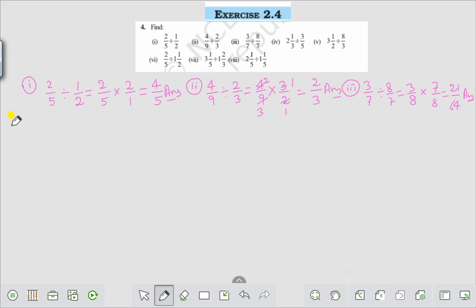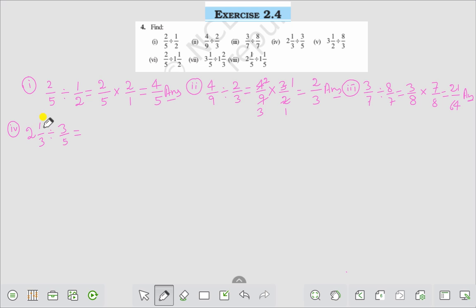Now question number 4. Question number 4 is 2 whole 1 by 3 divided by 3 by 5. This is a mixed fraction, so change it into an improper fraction.